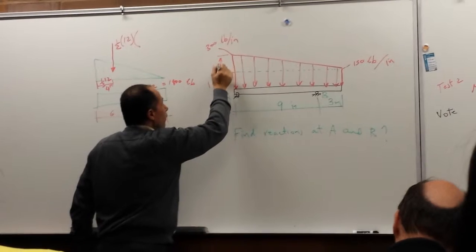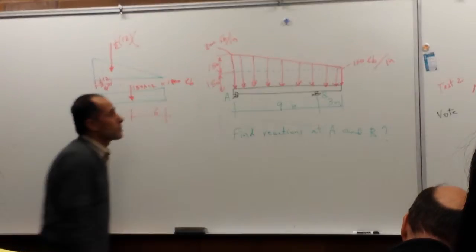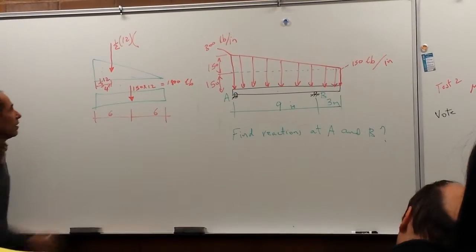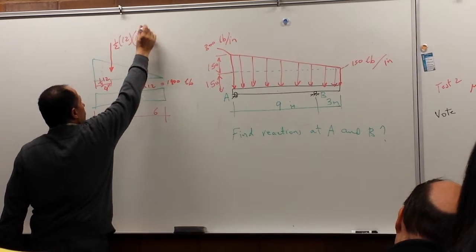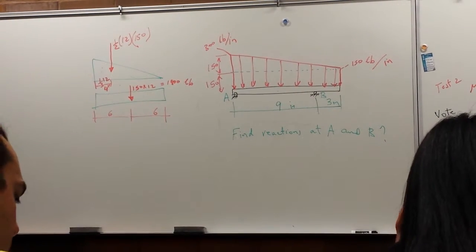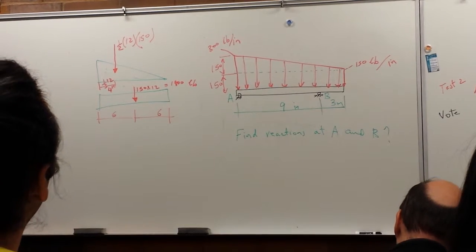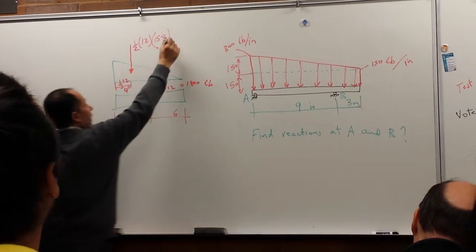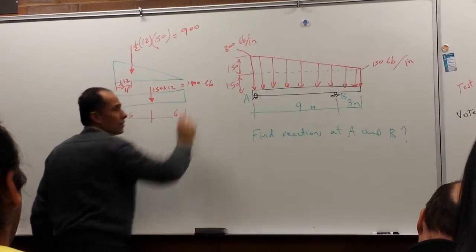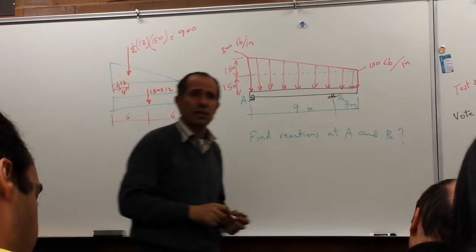This one here is 150 pounds per inch. Agree? So times 150: 900 pounds. Yes. Everybody?